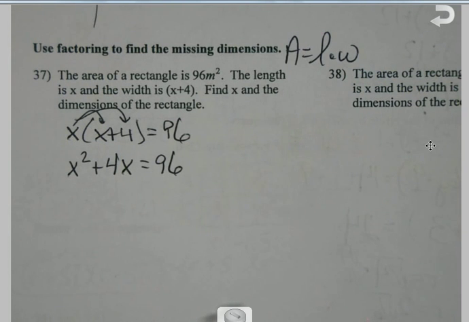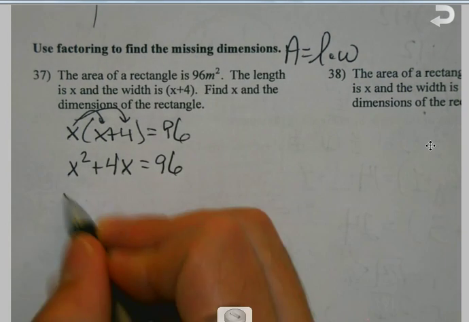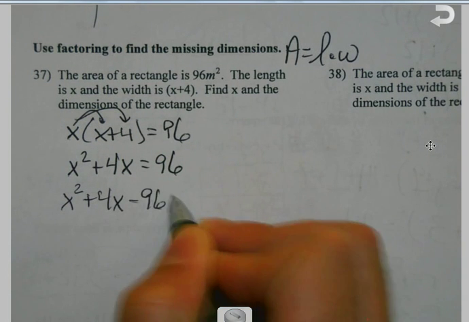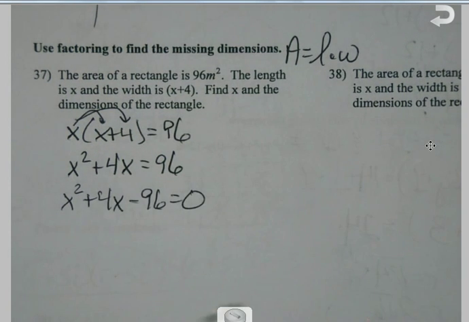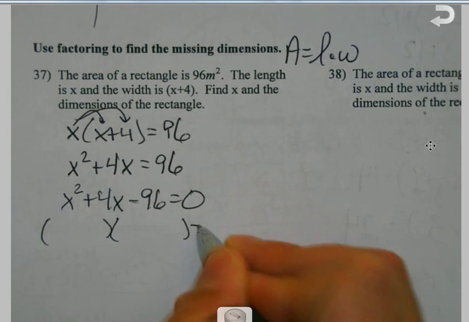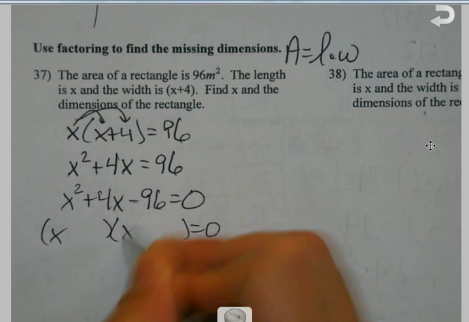Sure, that would work. Could I use the quadratic formula on this? Sure, that would work. But I still think in this case, factoring is going to be the easiest if I get this to equal 0. Because I don't have to use slide and divide. It's just x squared.